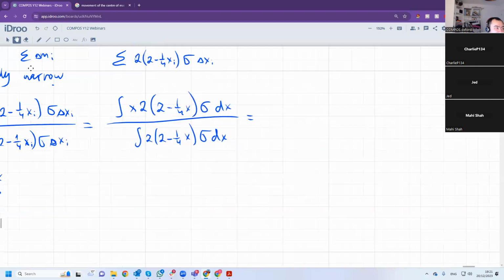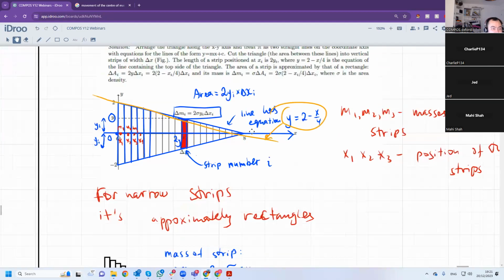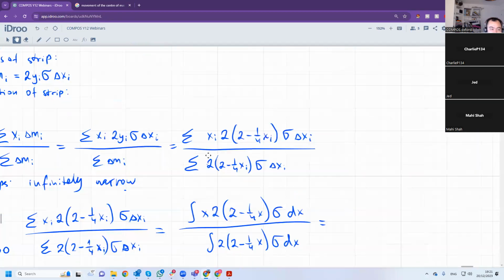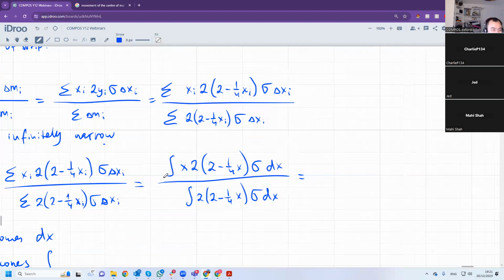Of course, we need the limits, and the limits are from 0 to 8, because those are the x values. So it's the integral from 0 to 8, and now you just simplify that. Sigma is a constant, so sigma goes in front.